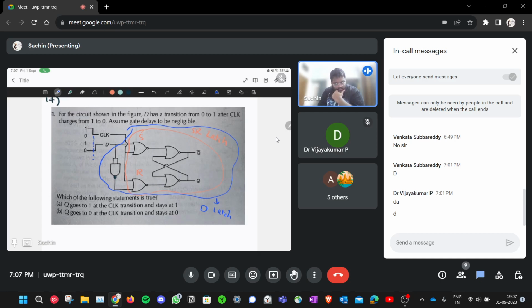When clock goes low, the circuit is just disabled, and if it's disabled, it will carry on the previous state that it had. So it will stay at 0.